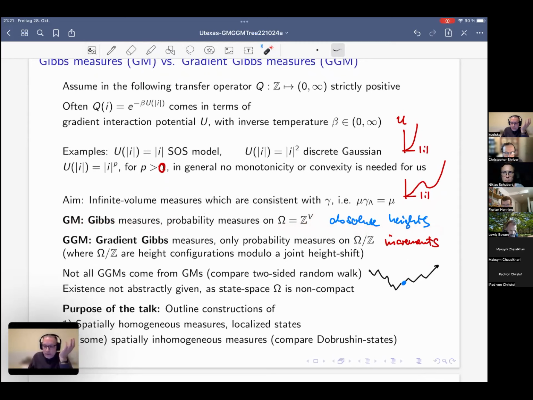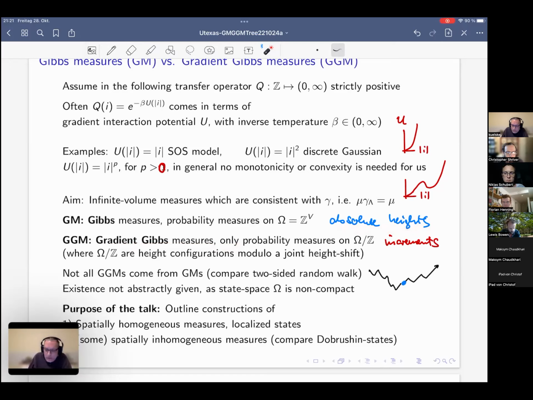So if you have a function which depends on these variables with the absolute heights, you can take expectations of it. And there can also be interesting measures, which are the gradient Gibbs measures, where you forget about what the absolute height is.